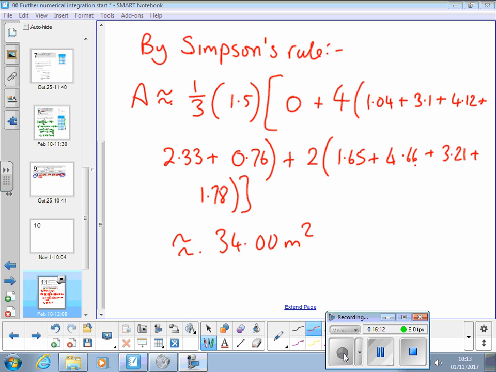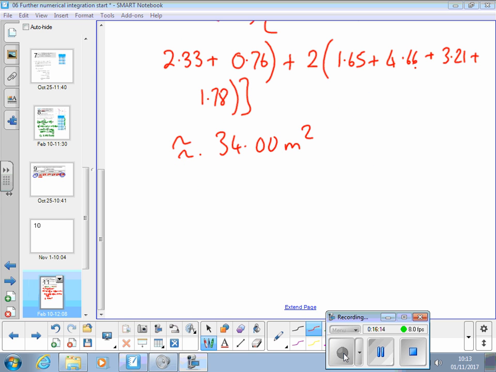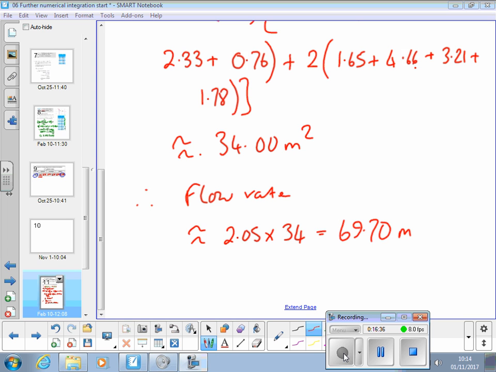So the area is approximately 34 meters squared, therefore flow rate is approximately equal to 2.05 times... what did we say it was? 69.7 meters cubed per second.